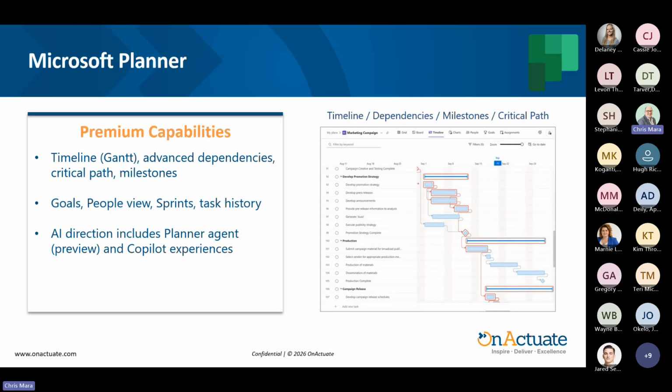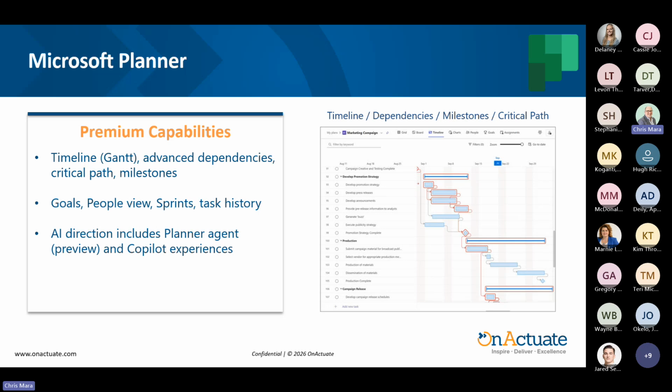So of the two different cloud options available, Microsoft Planner is becoming Microsoft's unified work management experience. In the premium plans, it provides modern scheduling features: timelines, Gantt charts, advanced dependencies, critical paths, and milestones.